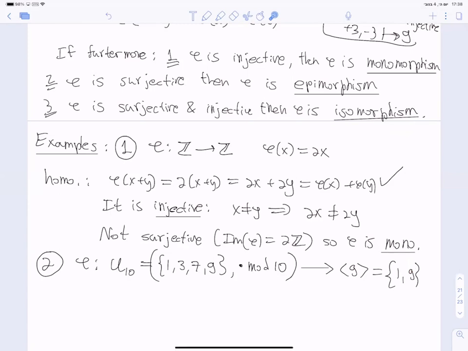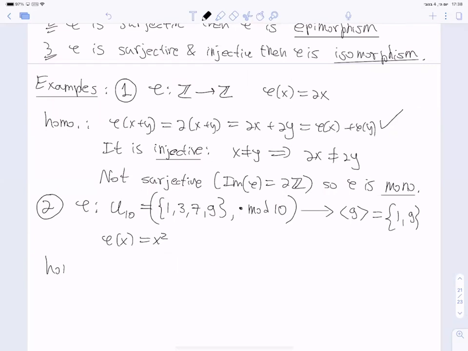Okay, so now I define phi to take x to its square. Is it a homomorphism? The answer is yes. Why? Because phi of x multiplied with y, where these are only representatives of the classes, I mean each one is a class, will be xy squared, which is x squared times y squared.